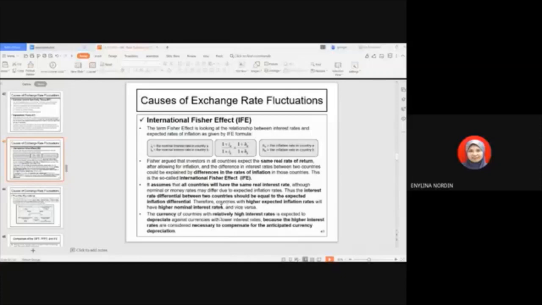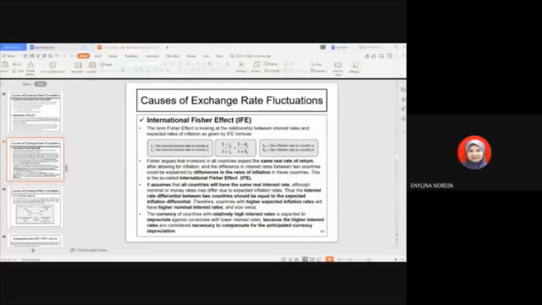And according to IFE here, that is international Fisher effect, the countries with higher nominal interest rate experience higher rates of inflation. So this will result in currency depreciation against other countries.